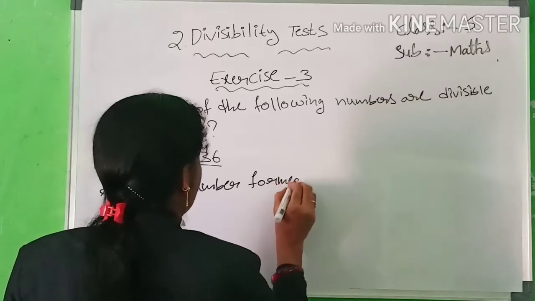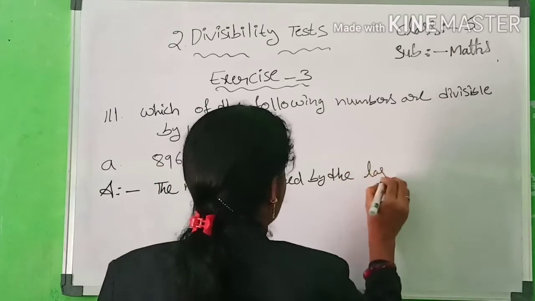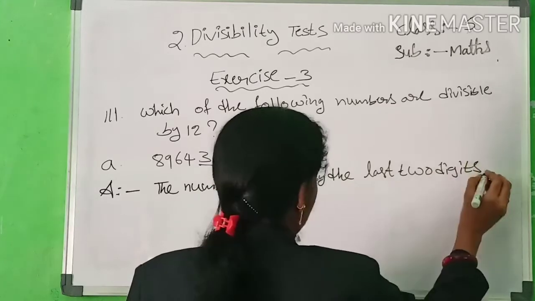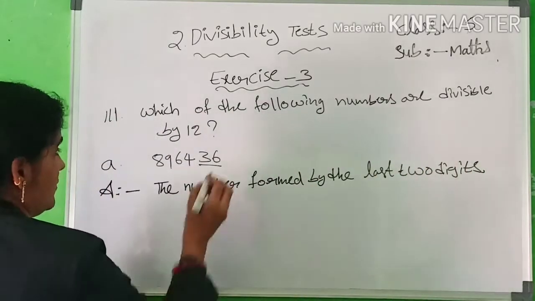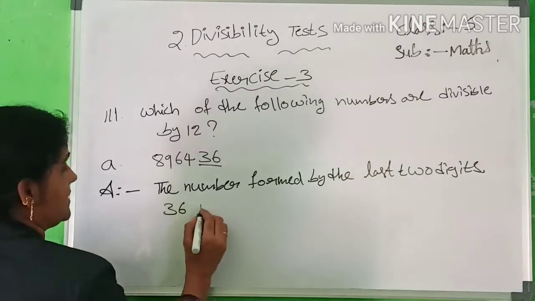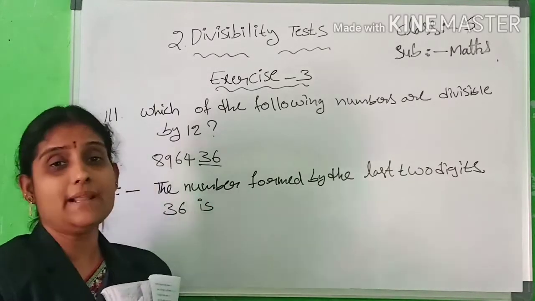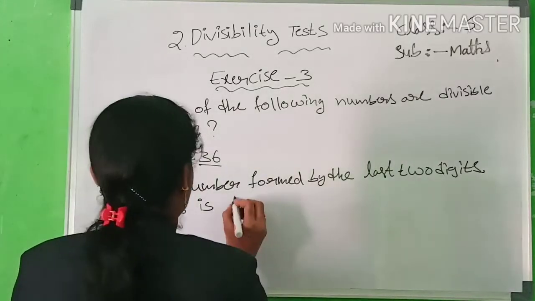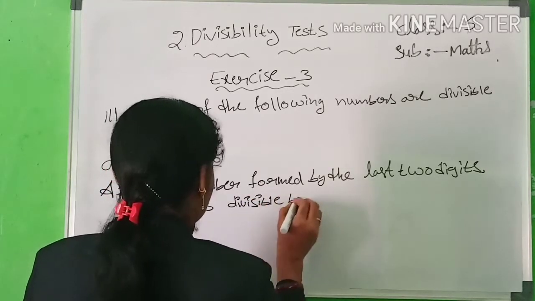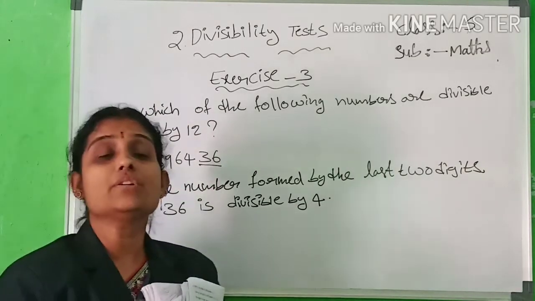The number formed by the last two digits is 36. Is 36 divisible by 4? Tell me children. Yes, 36 is divisible by 4. Okay children. Next, what is the divisibility by 3 rule?